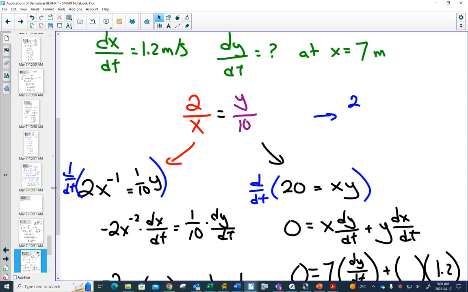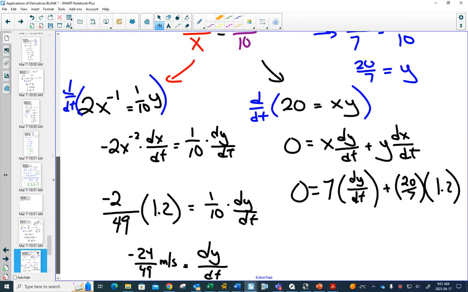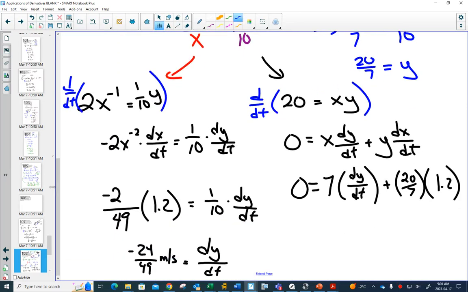So we would set up that 2 over 7 is y over 10. So we would figure out that our y value is 20 over 7. Which when we multiply this out, this is negative 24 over 7.